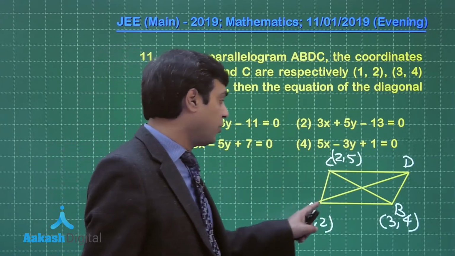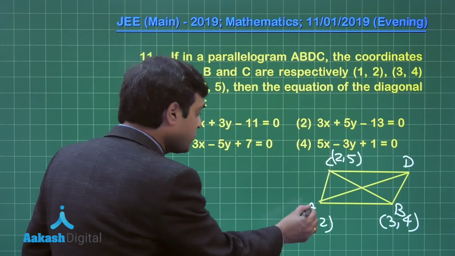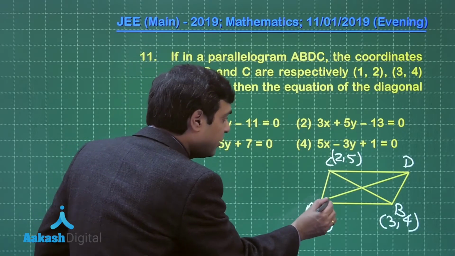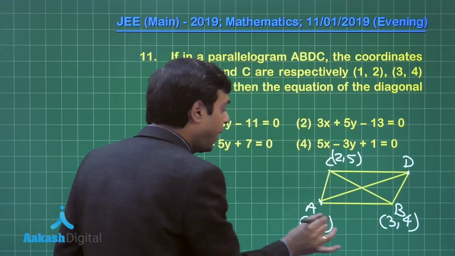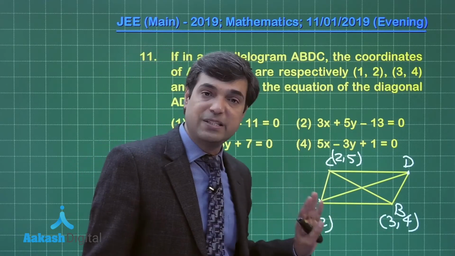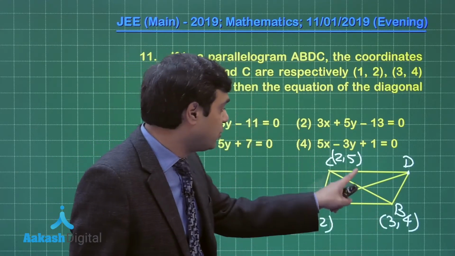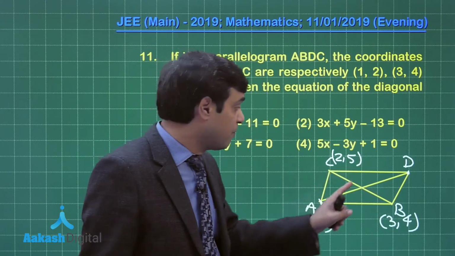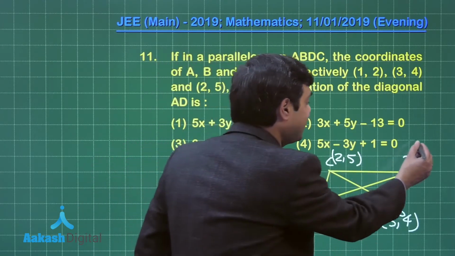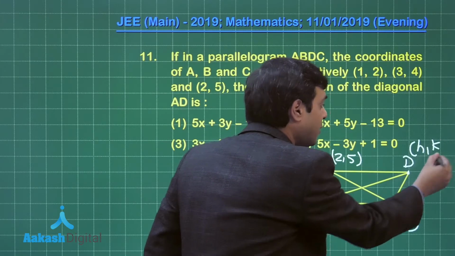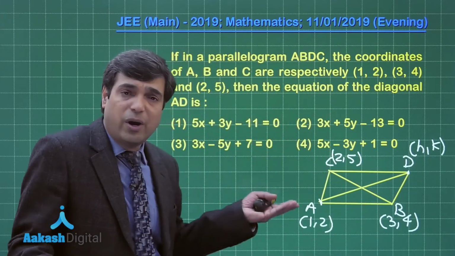We have to find the equation of line AD. Since A is given, D is not, but we can find the midpoint of BC. Midpoint of BC is obtained as (5/2, 9/2). From AD, if I say D is (H, K), I can find the midpoint and equate the two midpoints.